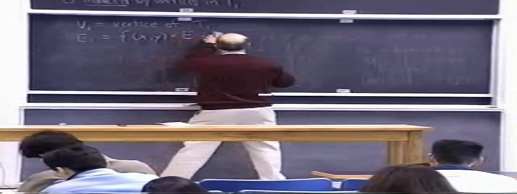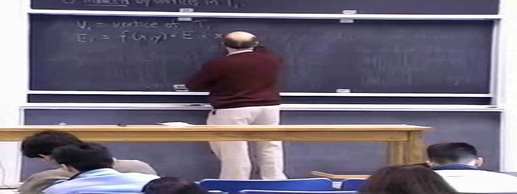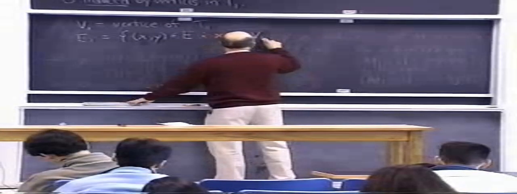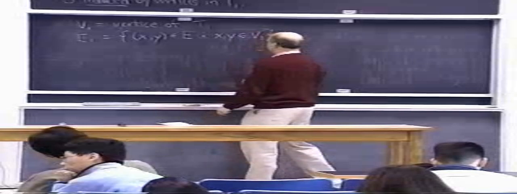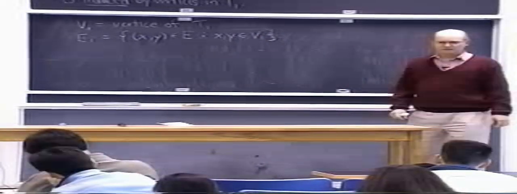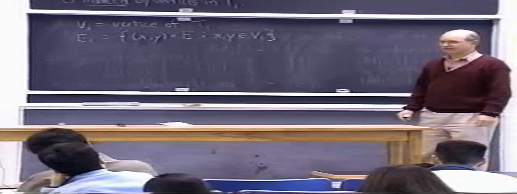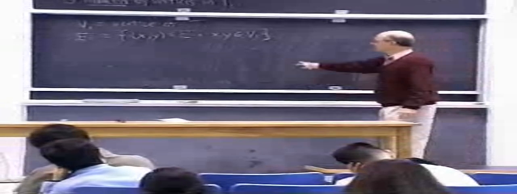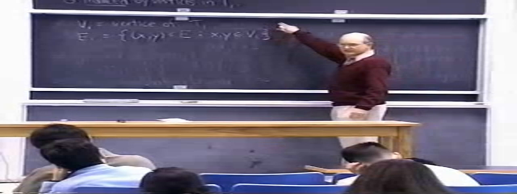X and Y such that X and Y are both in V1. And that's the subgraph induced by the vertices in T1. Okay? So people follow what this definition says?